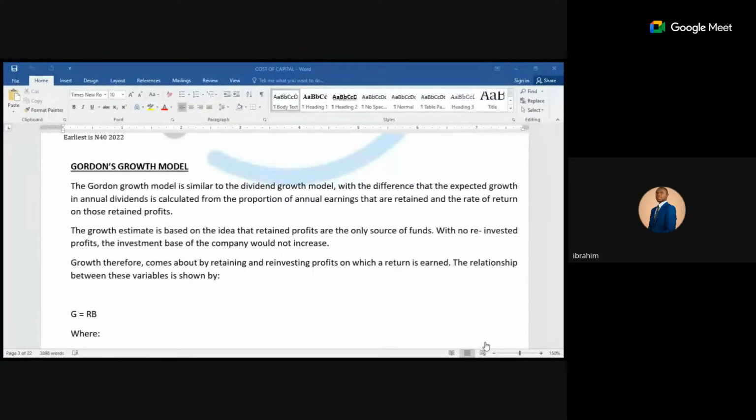Because there is a formula for calculating the cost of equity with growth. Then the growth rate itself will not be given to you in the question. And I said, for you to calculate this growth rate, there are two methods: the extrapolation, which is the historical method or geometric method, and the Gordon's growth model.